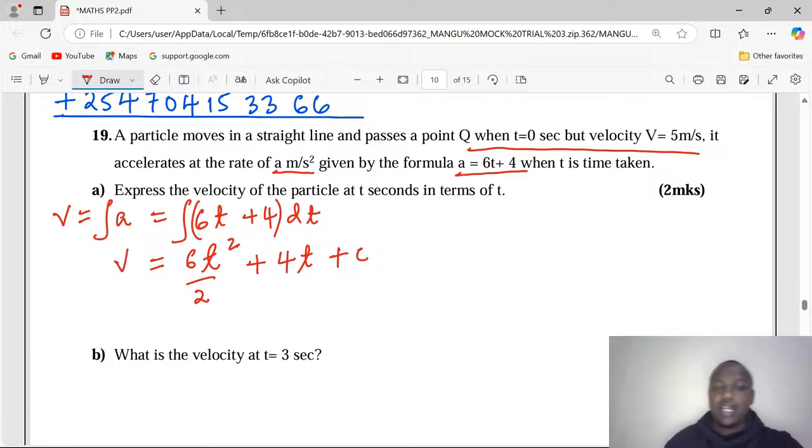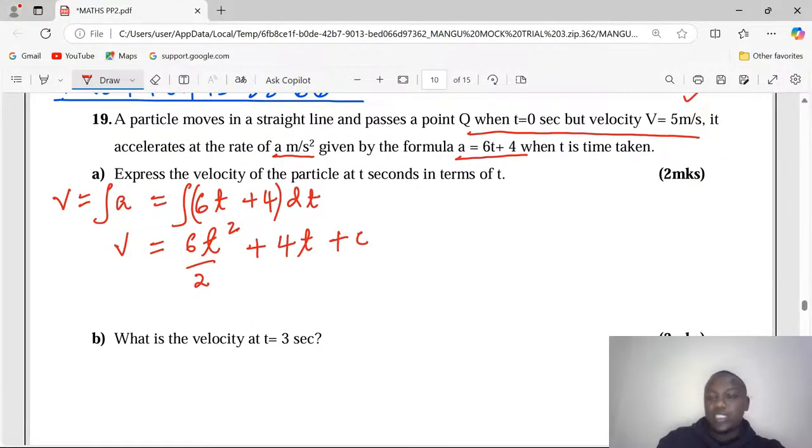So v equals to that. We call it an indefinite integration, whereby the limits are not known. But there is a condition given that when t is 0, the value of velocity equals 5. Because of that condition, we can get the constant here. When v equals 5, t is 0.